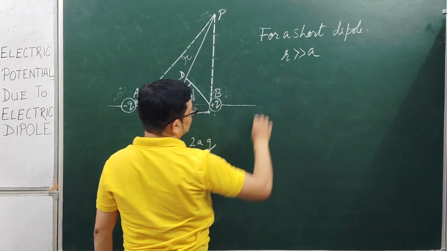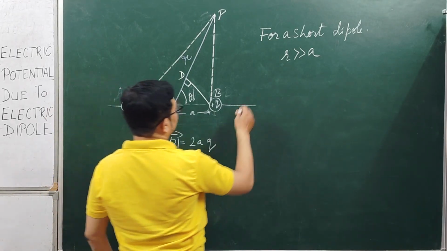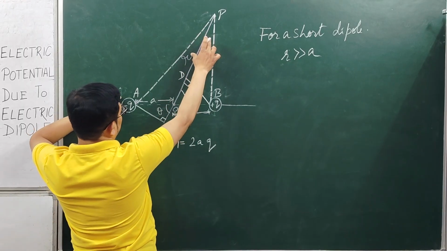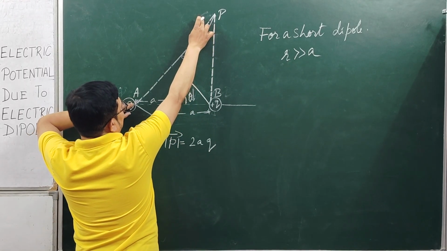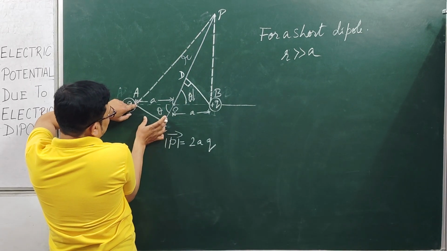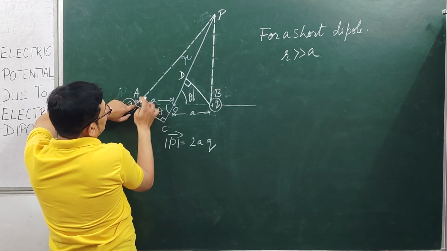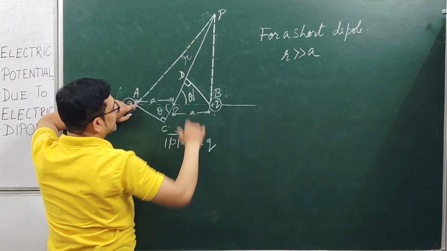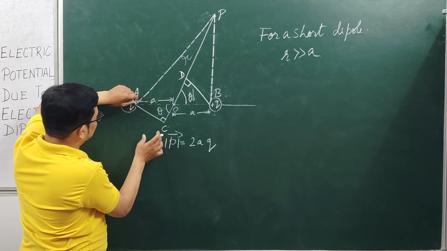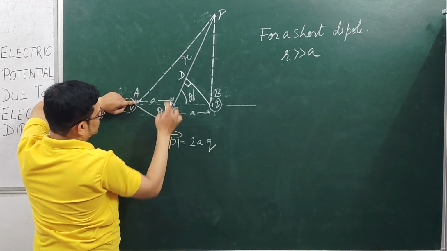So if we make this assumption that R is very much greater than A, can we write that if we make this larger, this PA is going to somewhat shrink over here, and this PA would become PC?